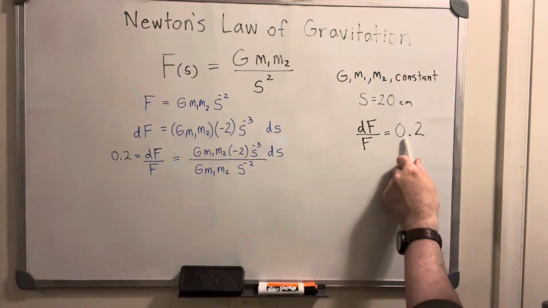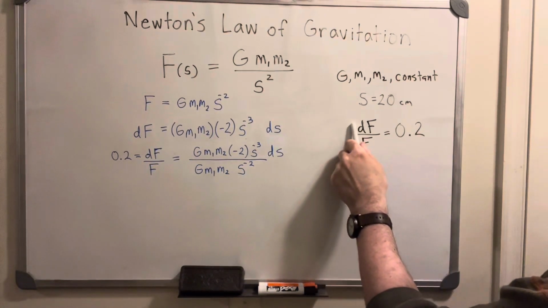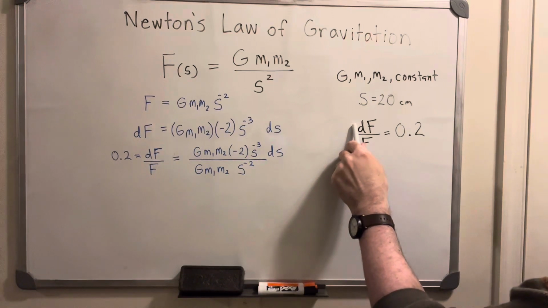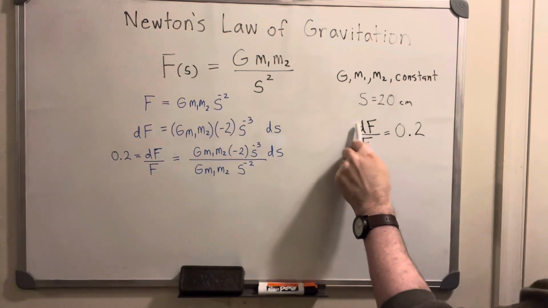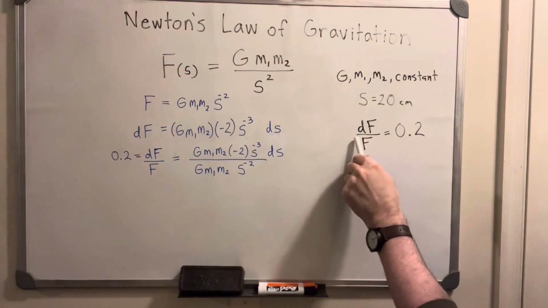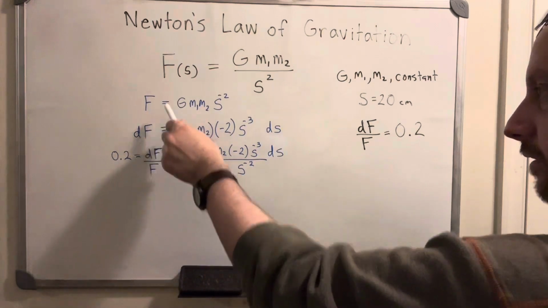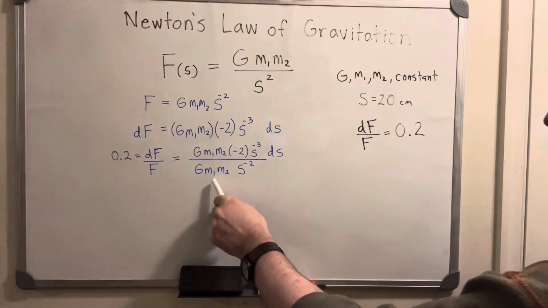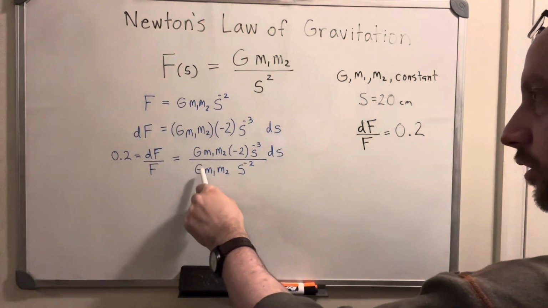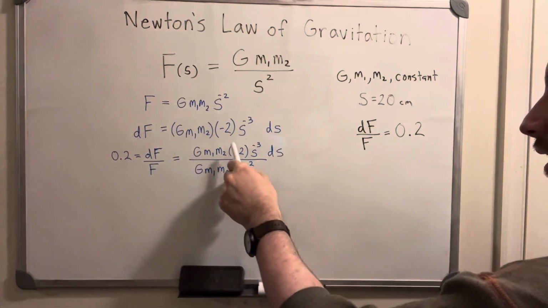Well, as I wrote earlier over here, we're saying that the change in force was 20% of the original force. So we divide through by F, and the value of F is this. So I set this equal to 0.2, and I simplify this.